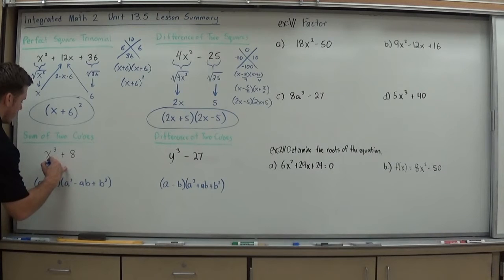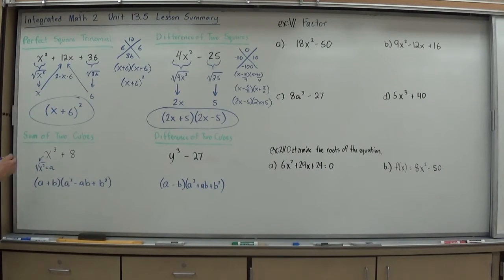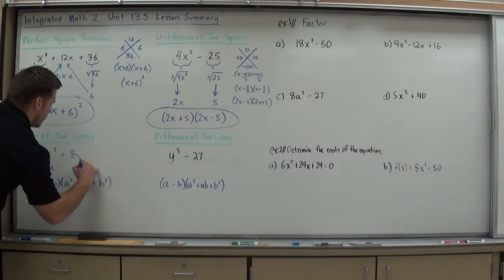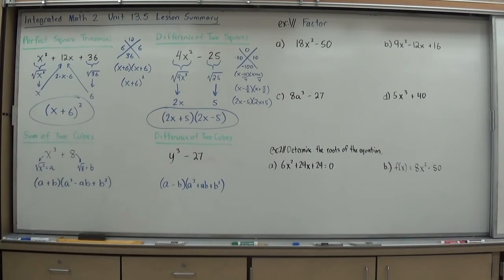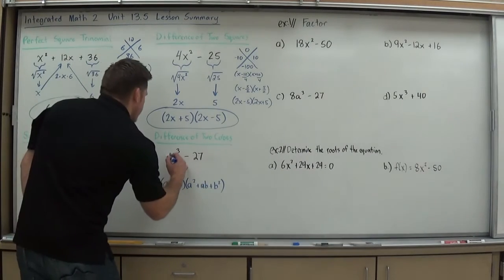Well, a and b are the cube roots of these. So you take the cube root of x cubed, and that becomes your a. And you take the cube root of the second term, 8, and that becomes your b. So in the other one, same idea.